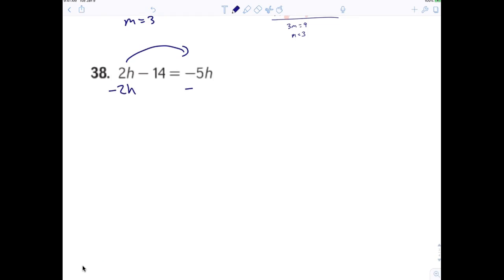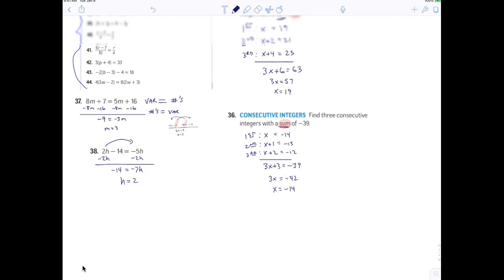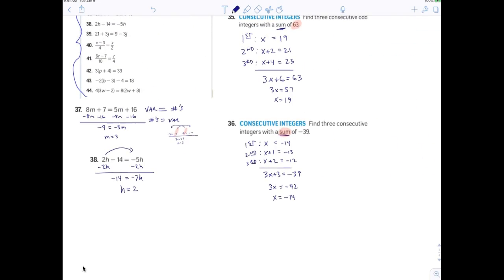Minus 2h, right? So now I have negative 14 equals negative 7h. Right? And so h equals 2. Come on, that was pretty easy, right? All right, I feel like we should be pretty good at this. All right, let's look at 39 now. Let's see what happens.